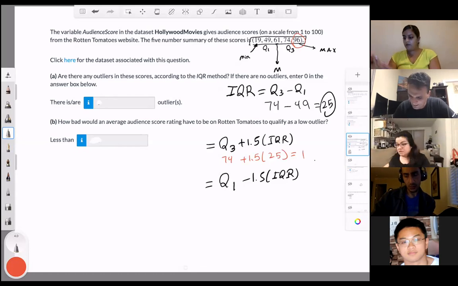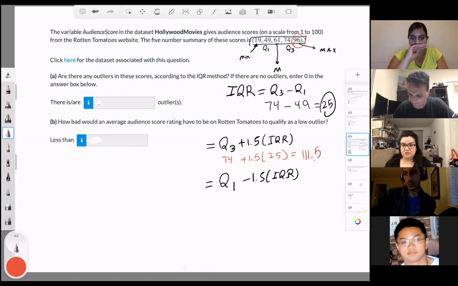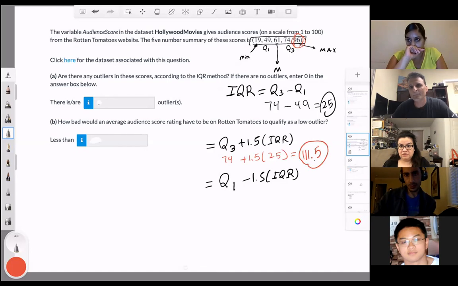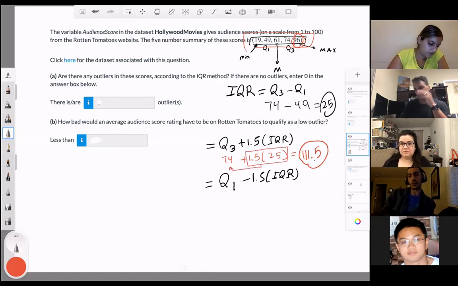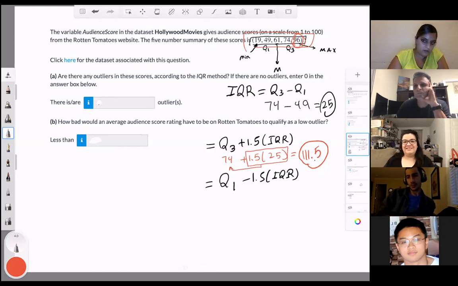This gives us 111.5. Correct? So 96, which is the max number, is not more than that. Any number more than 111 will be an outlier, but in this set, we don't have it. Cool? Where did you get the 111.5 from? 1.5 times 25. If you multiply these two, add it to 74.